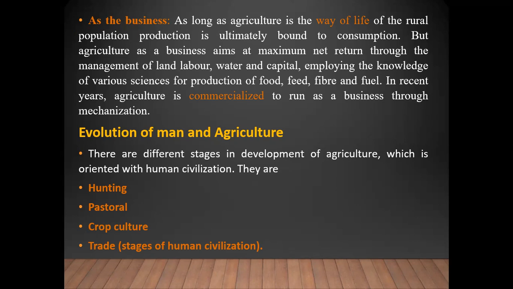But agriculture as a business aims at maximum net return through the management of land, labor, water, and capital, employing the knowledge of various sciences for production of food, feed, fiber, and fuel. In recent years, agriculture has been commercialized to run as a business through mechanization.